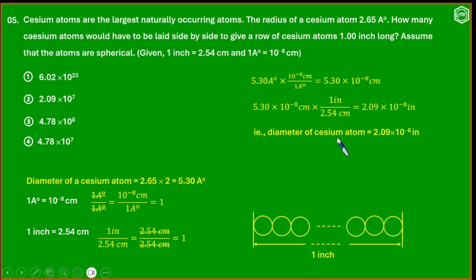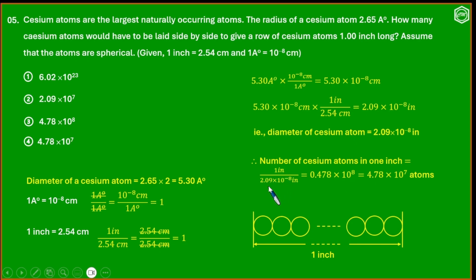So therefore the diameter of a cesium atom is 2.09 into 10 raised to minus 8 inch. So therefore number of cesium atoms in 1 inch will be 1 inch divided by 2.09 into 10 raised to minus 8 inch. That is 0.478 into 10 raised to 8.